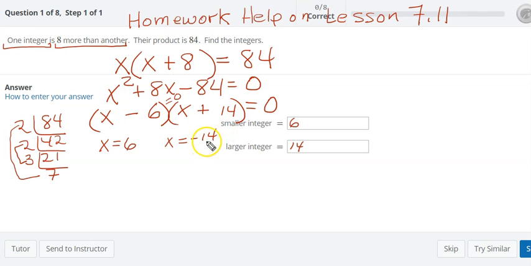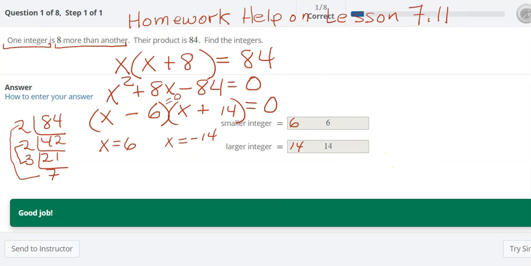Now, theoretically, you could put the negative 14 in there, and then the 6, but I think this is what they're looking for here. So let's do that and see what happens. So I'm going to put a 6 here and a 14 there, and submit. They say I have it correct. Okay.